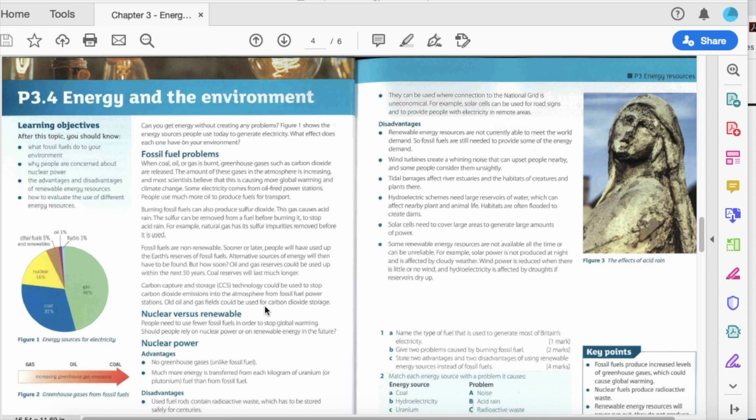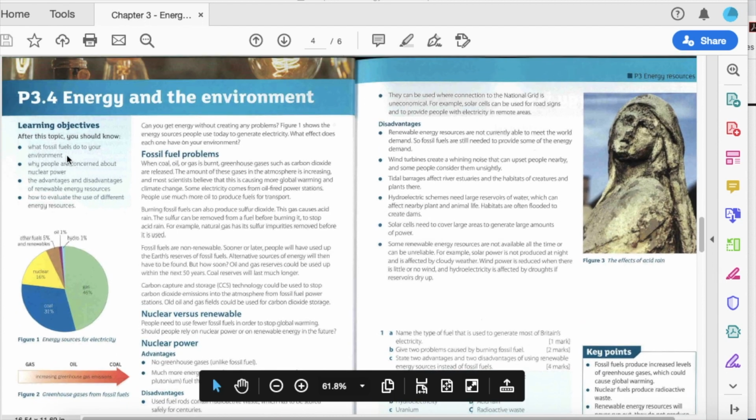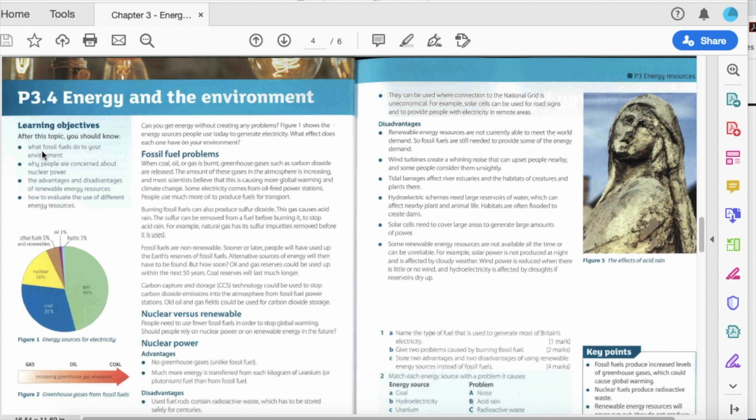So if you read or make any questions, and then answer the questions and you come back to the learning objectives here and you're not able to answer what fossil fuels do to your environment, if you're not able to give an example, then you need to look back into the text and find that point.